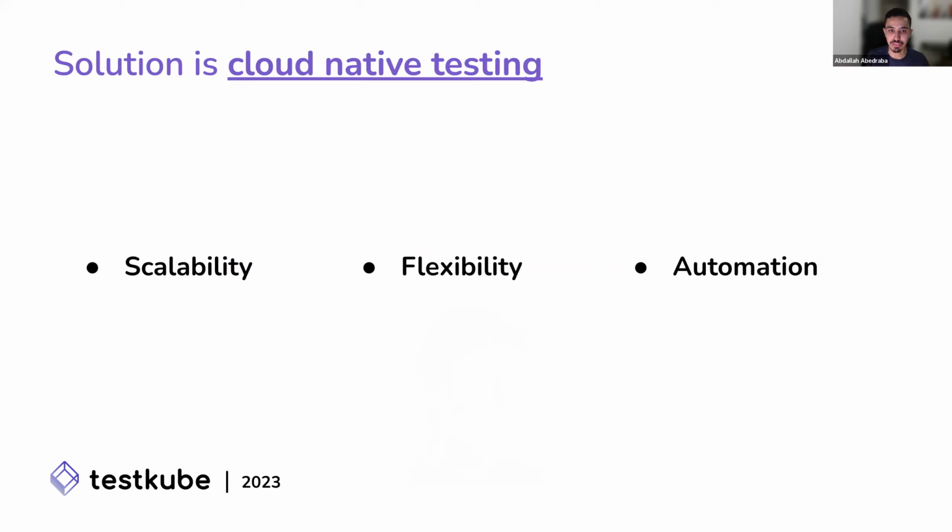Basically, it means taking advantage of the cloud native solutions and Kubernetes that we have already and applying them to the testing of your applications. And that goes by taking advantage of the scalability. For example, what if I want to run multiple tests in parallel, or just run the same test a million times? Kubernetes is actually pretty well built for the scalability of that, and that's one of the advantages of it.